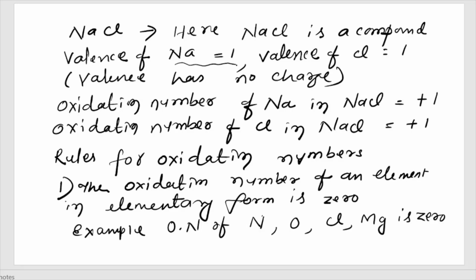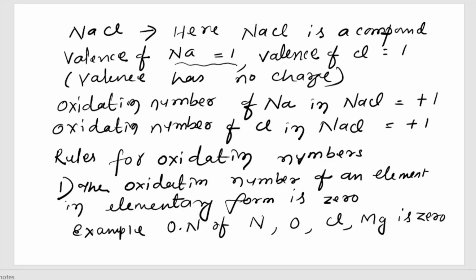What is the meaning? That means combining capacity of sodium is 1 and combining capacity of chlorine is 1. Valency has no charge. I never say here plus 1 or minus 1. I say only 1, because it is not undergoing any combination state. It is simply free state.